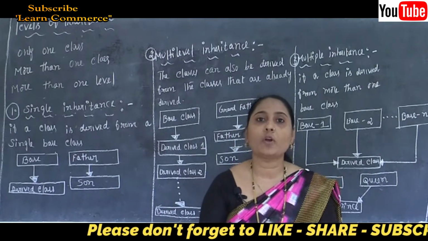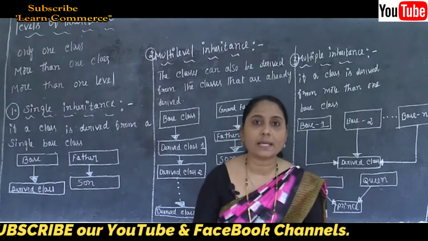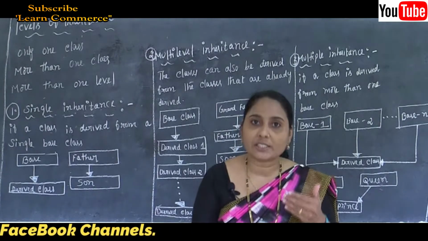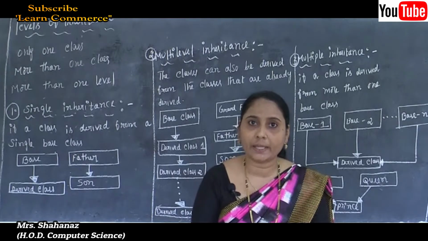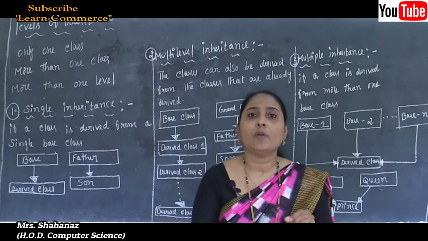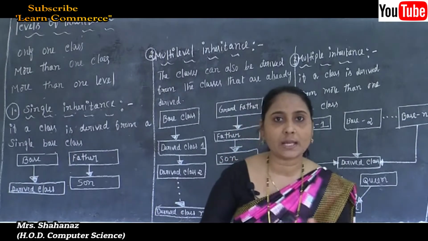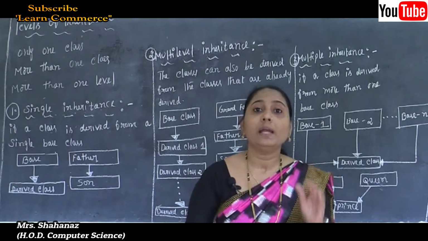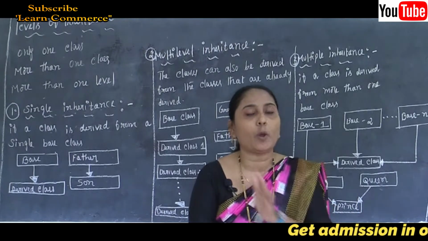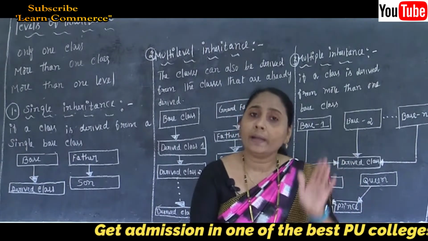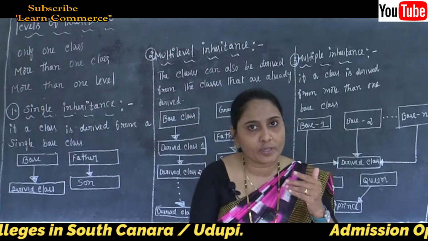Sometimes it inherits only some features from the base class, or sometimes everything in the base class is inherited by the derived class. The derived class also adds new additional features of its own.